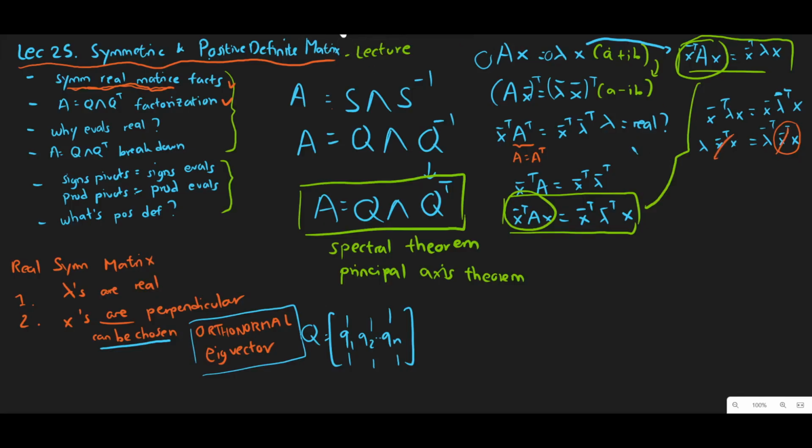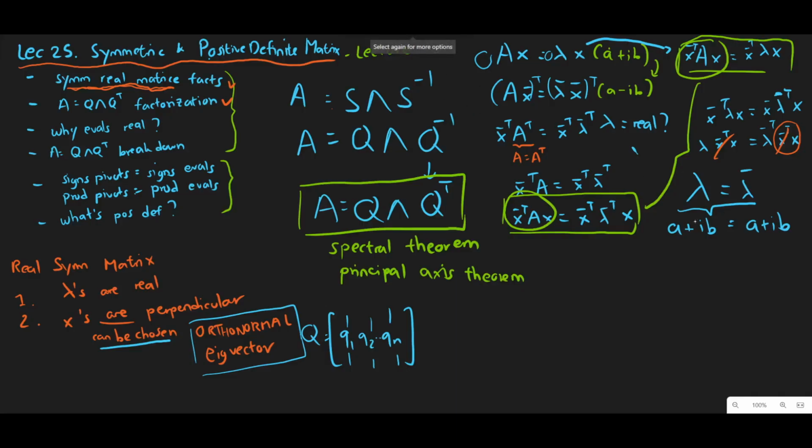Okay, so now we end up with lambda has to be lambda bar. Just remove the transpose there because it doesn't matter. This is a scalar, only one value, not a matrix. The only condition for this to be true is that we don't have the imaginary number. So for example, a plus ib equal to a minus ib.